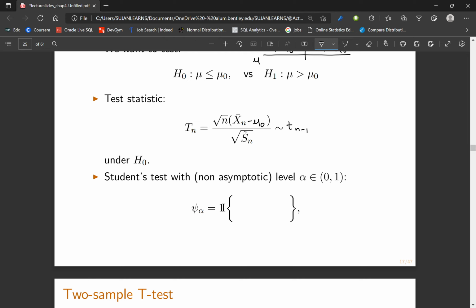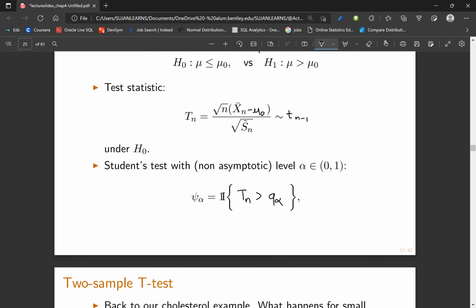That threshold is this: Tn is greater than q alpha. And here q alpha is equal to the 1 minus alpha quantile of what distribution? The T_{n-1} distribution. This is not a normal distribution, but the T_{n-1} distribution, a type of Student distribution.